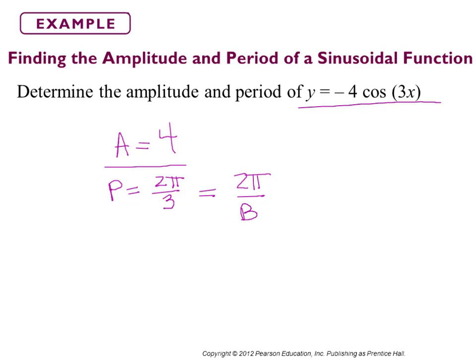The period starts at 2 pi, but it's going to make it have a shorter period, which is 2 pi over 3. Between 0 and 2 pi, I'm going to have 3 cosine waves. You all with me? Okay. Good.